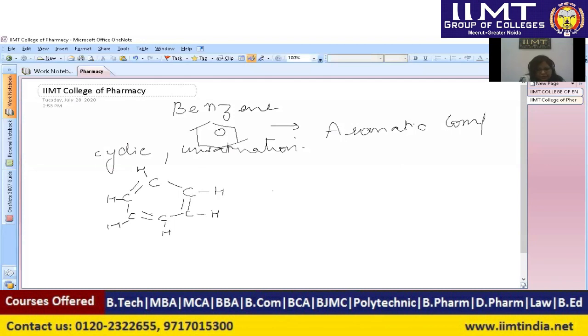This indicates that it's a cyclic form with unsaturations, having alternate single and double bonds. So this becomes, as we know, the structure of benzene. Now let us see the classification of aromatic compounds.